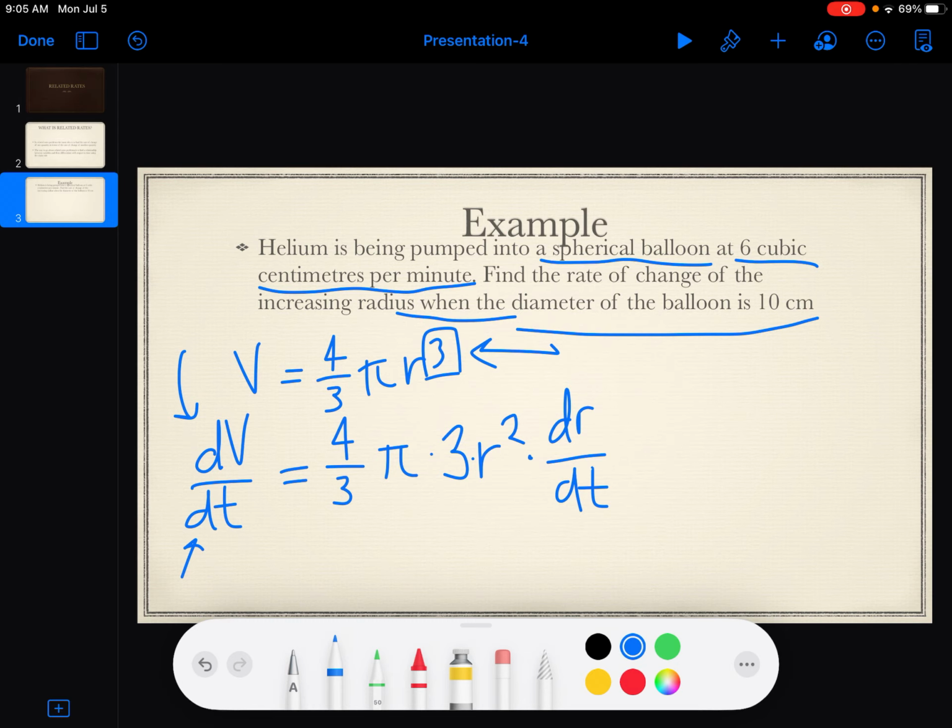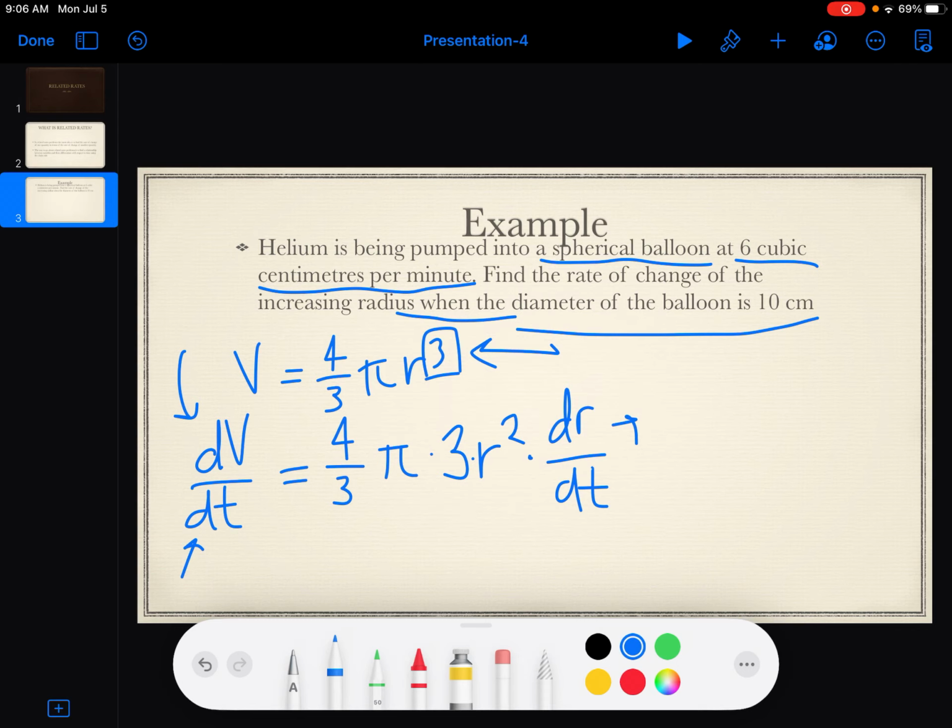Usually they're volumes. A sphere is very, very common. You should know that one. The hardest part is just finding this. And then after differentiating, it's just a matter of plugging it in. So let's do that.